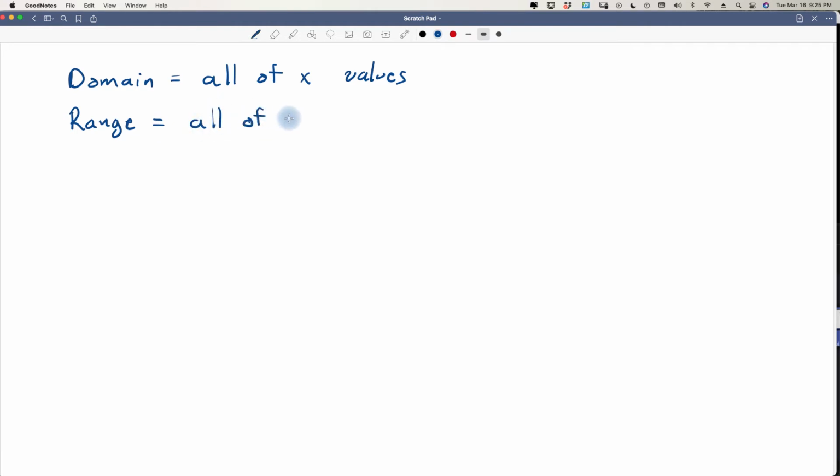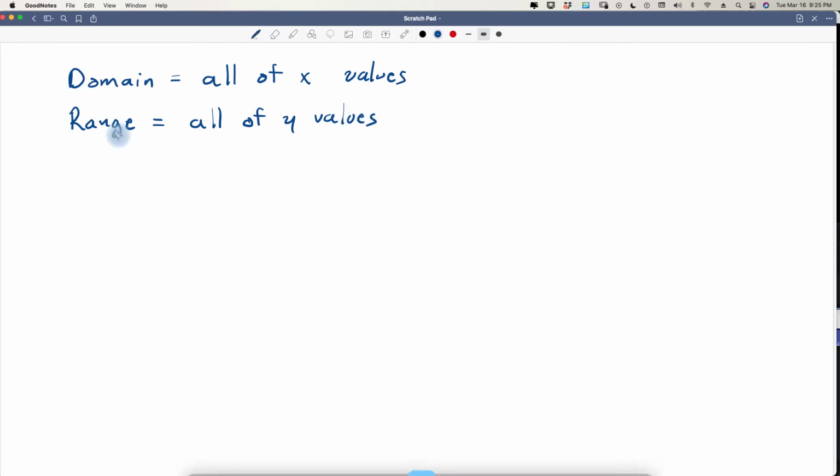domain and range. Okay, so domain is going to be basically all of your x values. Okay. And the range is going to be all of the y values. Right?